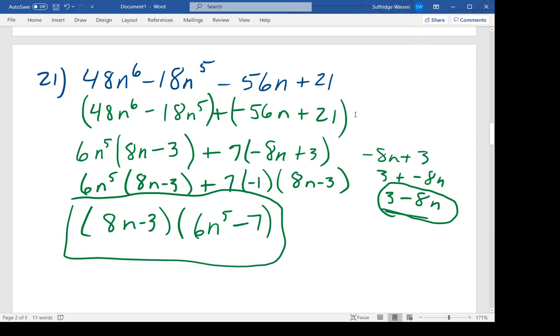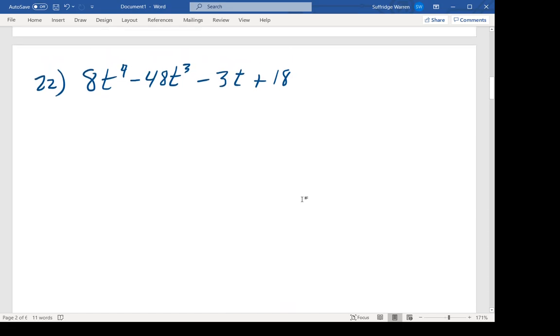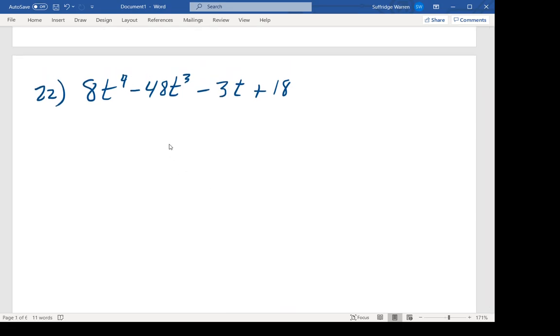And then for the last one, we have here, again, notice we've got a minus in between the two binomials, so the first thing I want to do is just change this to plus negative 3t, so it becomes 8t to the fourth. I'm going to write plus negative 3t.